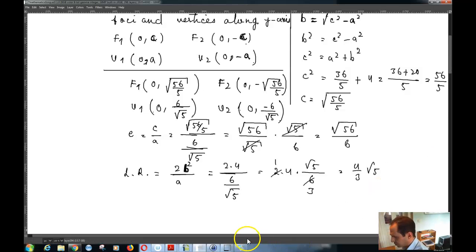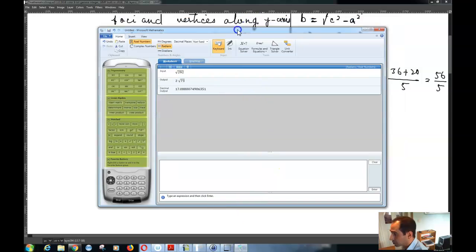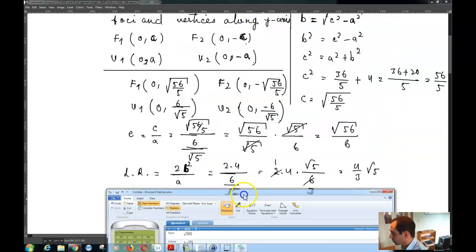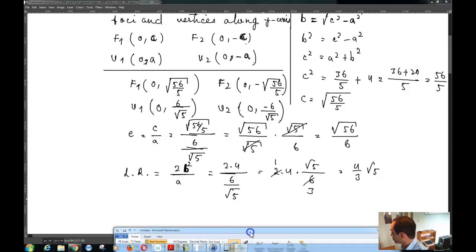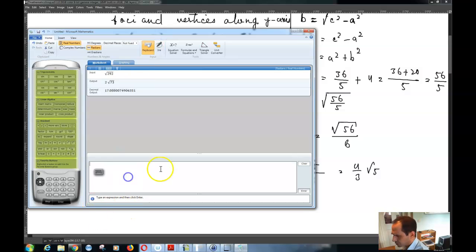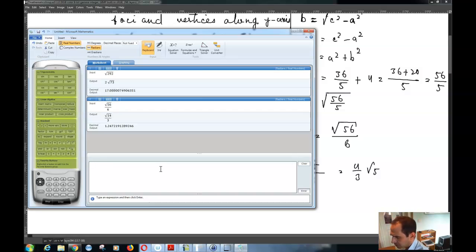Let me see what the problem is. Maybe the numbers are in different forms. So for example, the eccentricity over here, number 5, square root of 14 over 3, and I have square root of 56 over 6, which is the same number.